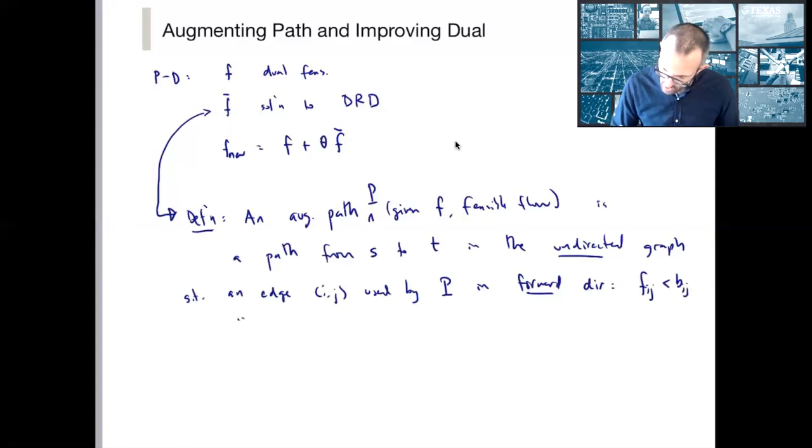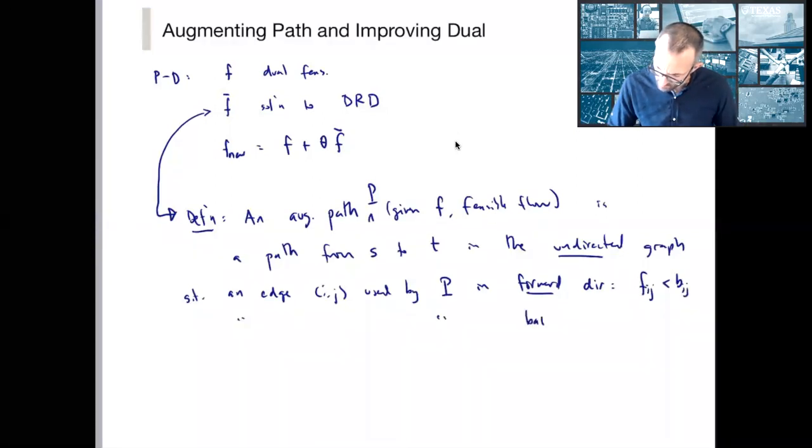And an edge used by our path in the backward direction has to have Fij greater than 0.